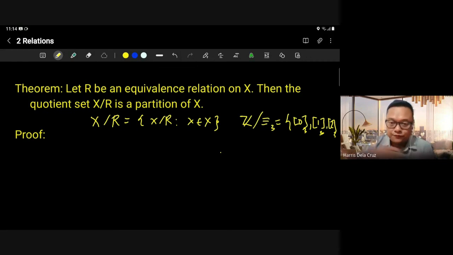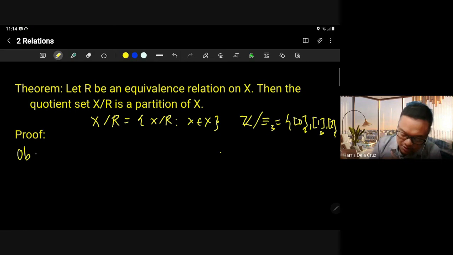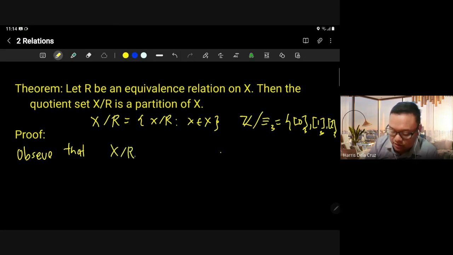So observe natin na yung family natin, observe that the family X over R, again, this is a collection ng mga equivalence classes.